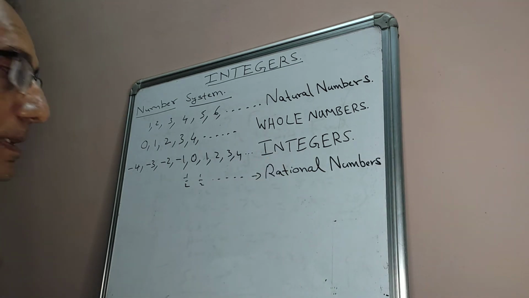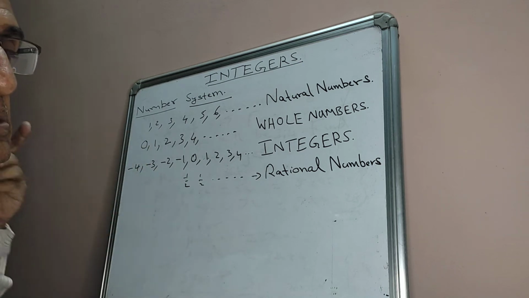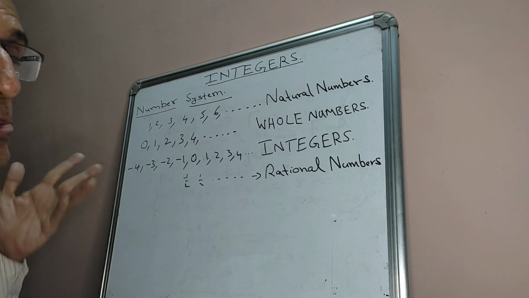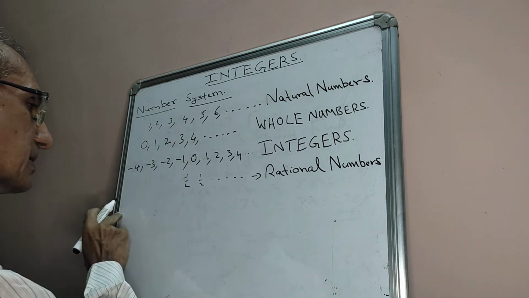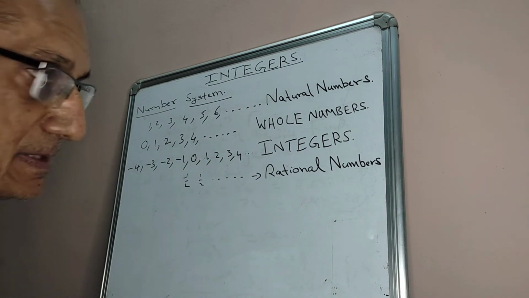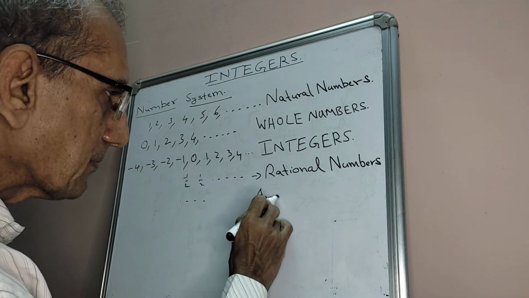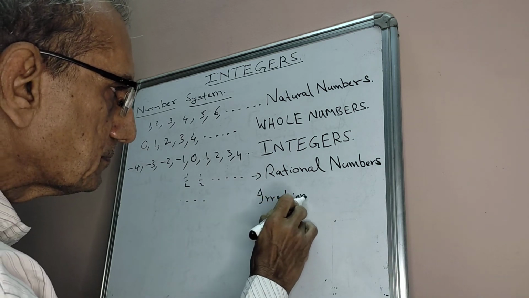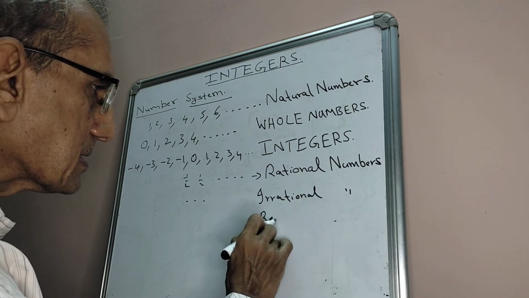After this we include all the other numbers like surds, square roots, irrational numbers. So the next set is irrational numbers, and the last one would be the real numbers.